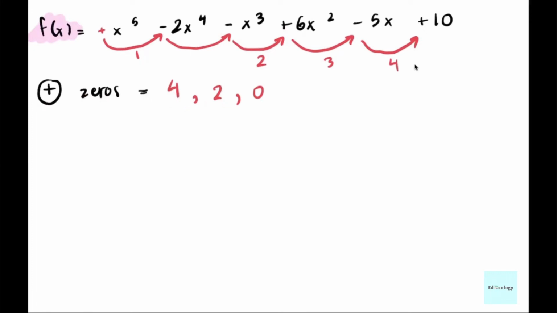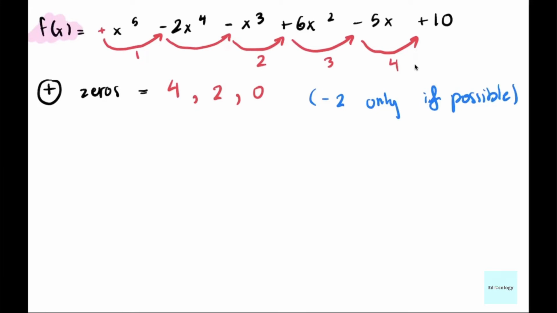Then the rule is to subtract by 2 only if possible. So if you only have one sign change, you do not subtract by 2, because 1 minus 2, you should not do that.